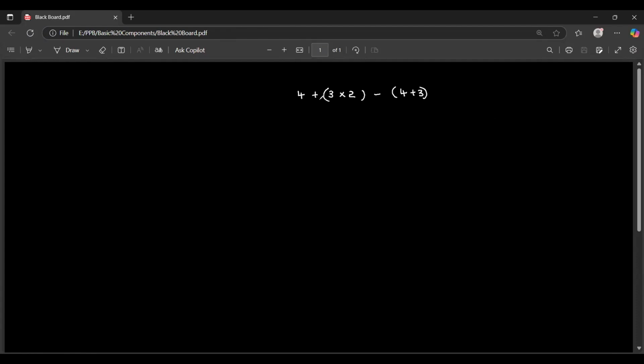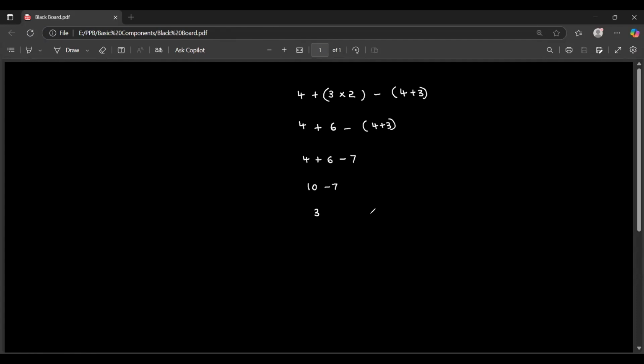Some people first do 3 into 2, which is 6, then 4 plus 6 minus 7. Then 4 plus 6 is 10, and subtracting 7, you get 3.